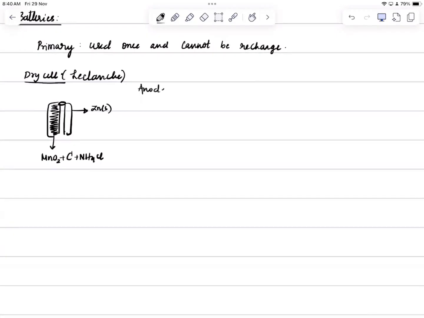As an anode reaction, if you notice, zinc is getting oxidized, so Zn2+ plus 2 electrons, while at the cathode, it is MnO2 plus NH4+ plus an electron converting into MnO(OH) plus NH3.